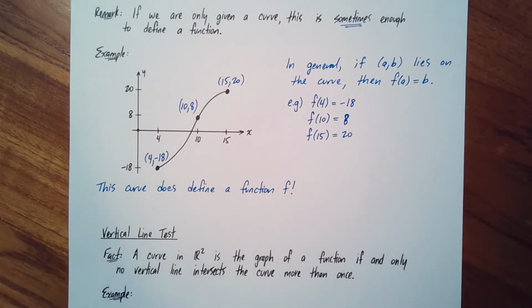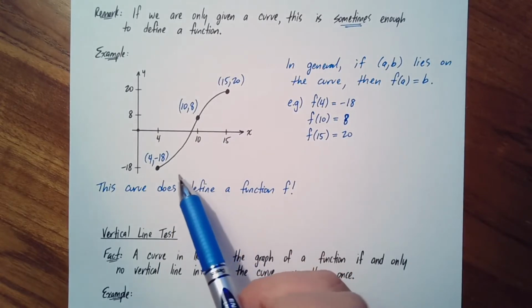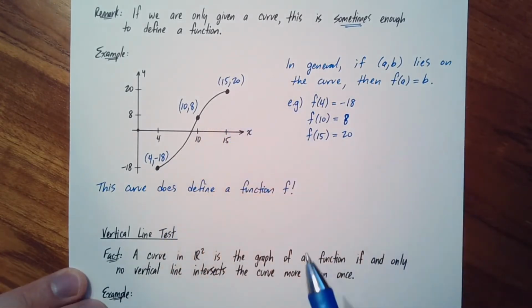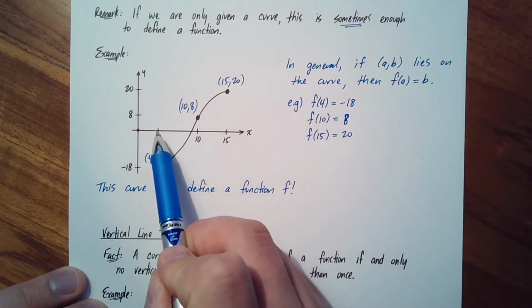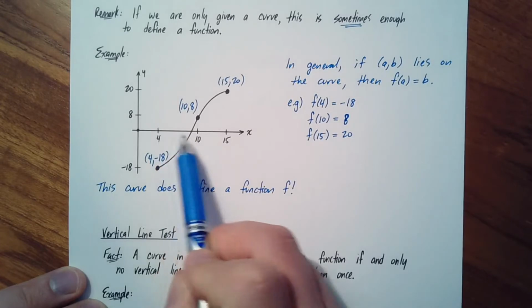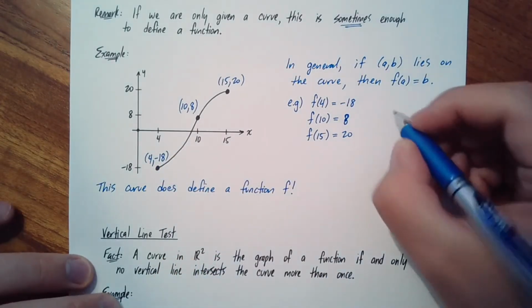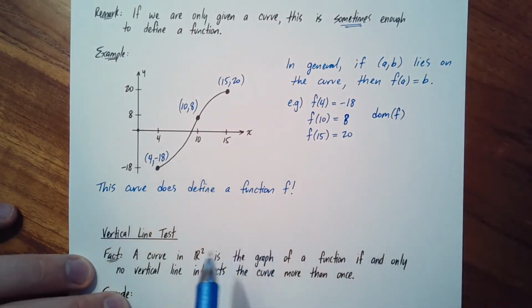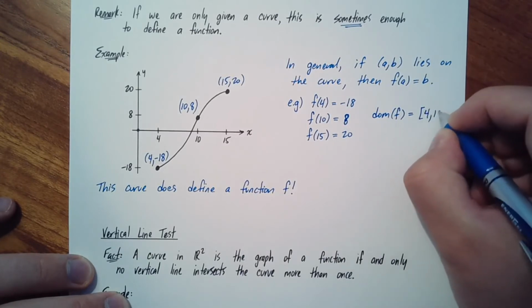And really, if I had a really precise measuring tool, I could figure out what all the coordinates were of all these points, or at least approximately, and I could figure out the output value of the function for every value of x that lies between 4 and 15. So that actually tells you what the domain is. The domain of the function f, which is defined by this curve, is going to be the closed interval 4 to 15.